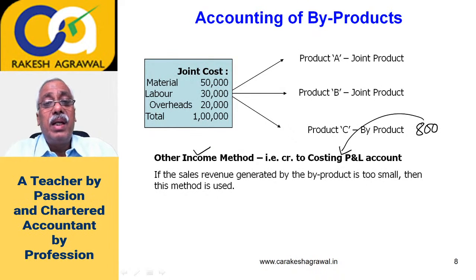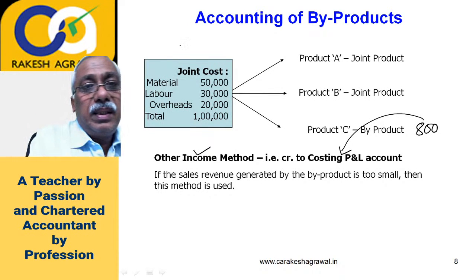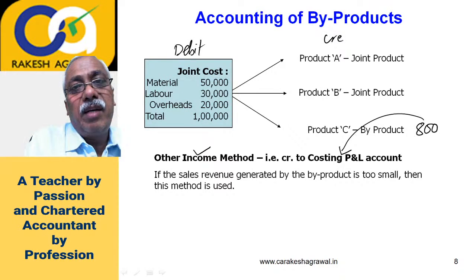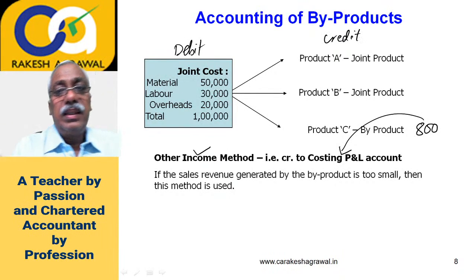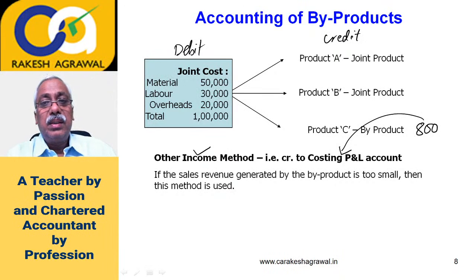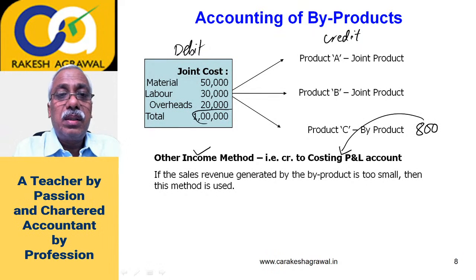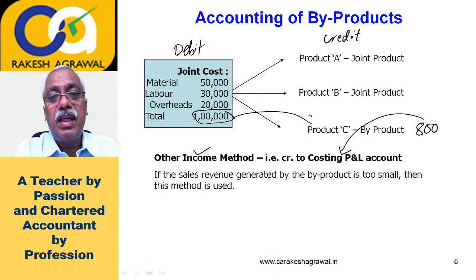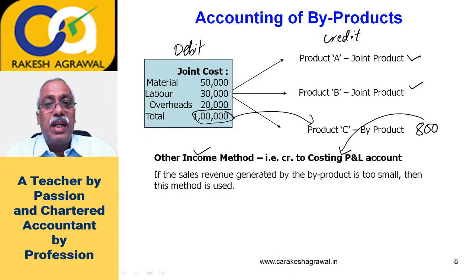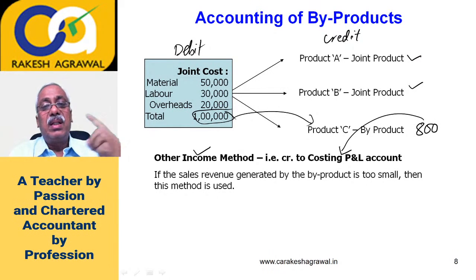In this case, this 1 lakh cost will not be shared by C, it will be shared only by A and B, and the revenue generated by C will go as miscellaneous income to costing P&L.